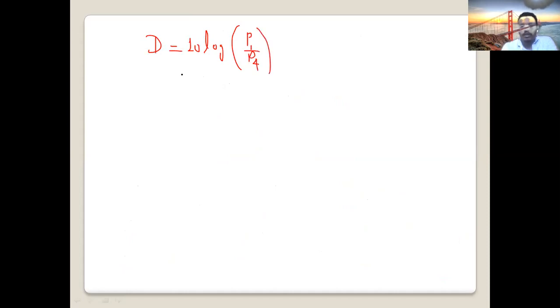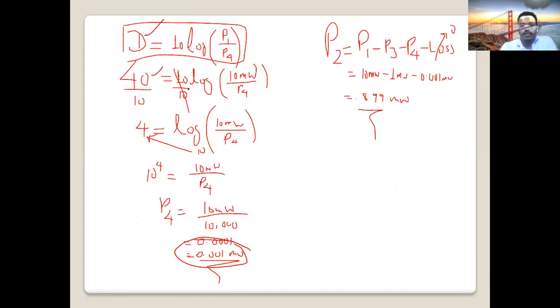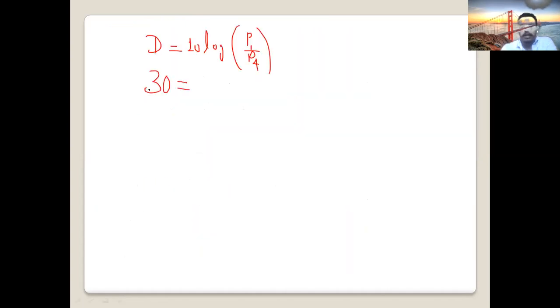D in this coupler is 30. The previous coupler has 40 dB directivity. This coupler has only 30 dB directivity. So let's check. 30 = 10 log of P1, which is 10 milliwatt, divided by P4. Okay, so divide both sides by 10.